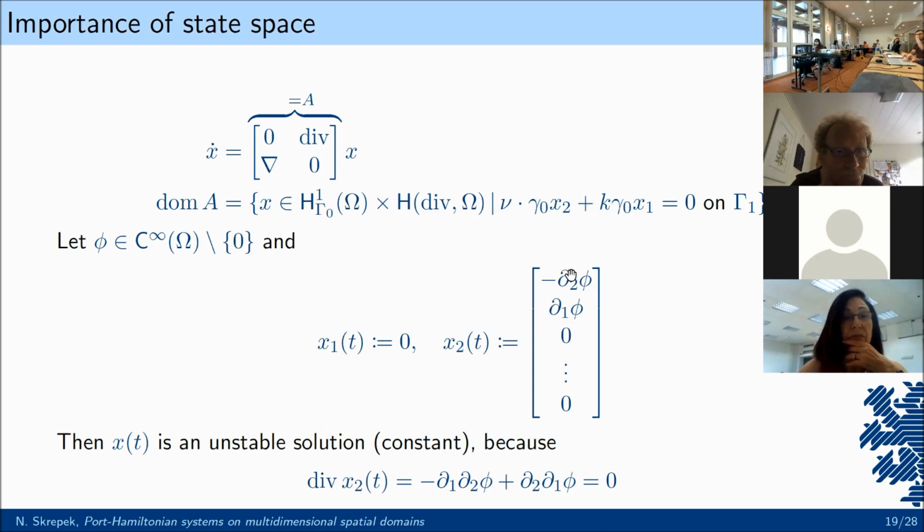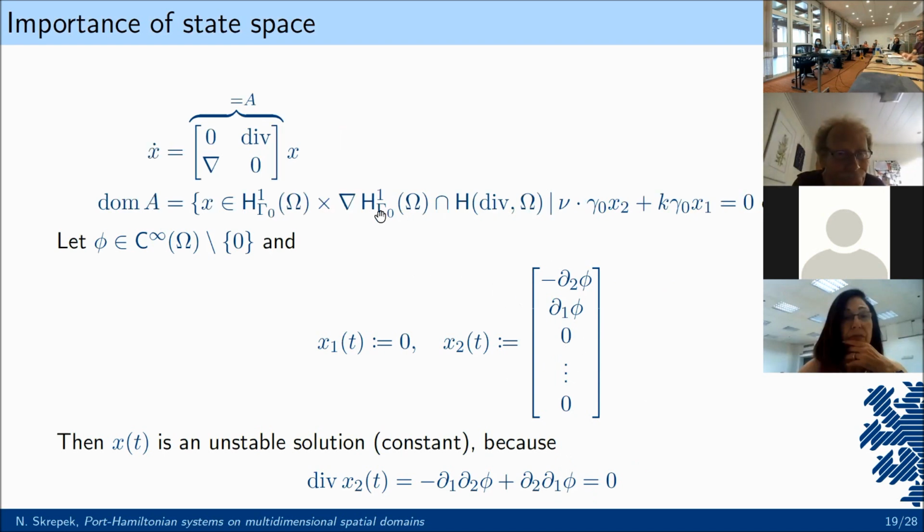And this cannot happen if we have an adequate state space, because with a decent amount of time you can see that this is not a gradient field, what I've chosen here. So we can fix it if we intersect the second component with gradient fields.